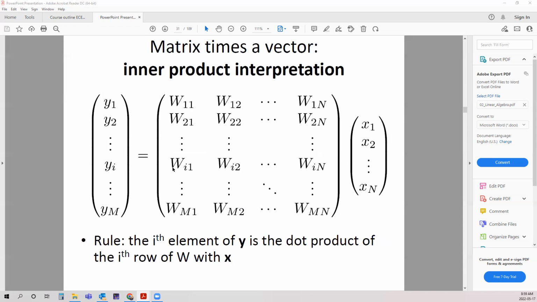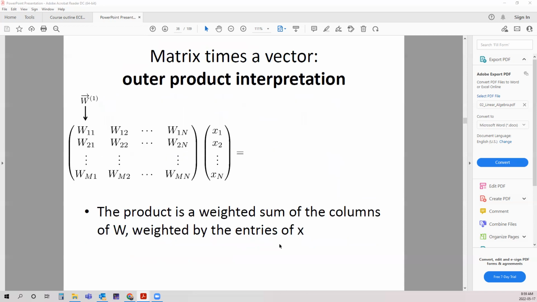Okay, inner product interpretation. So what is the rule here? The ith element of y is the dot product of the ith row of W with x, for a given x. So you see, then y2, y3, till we end with this one.